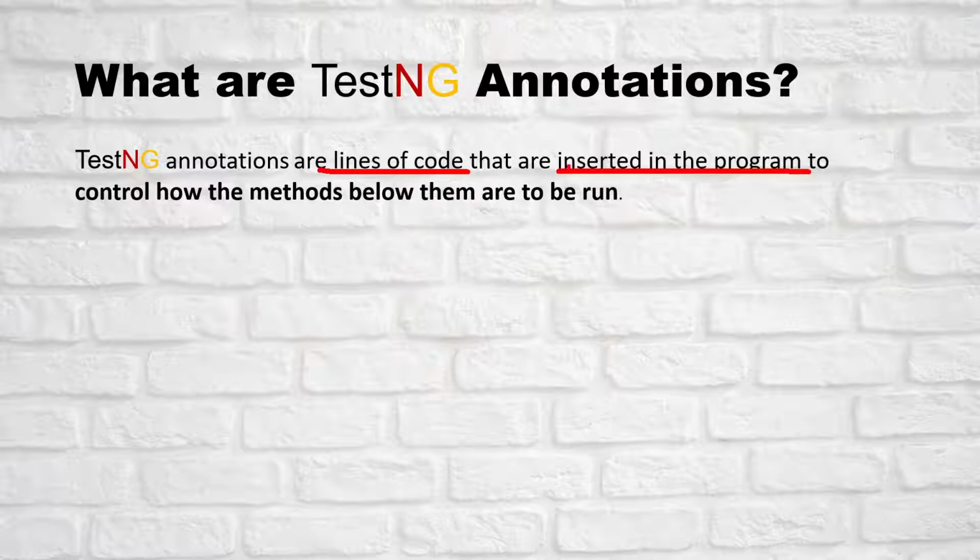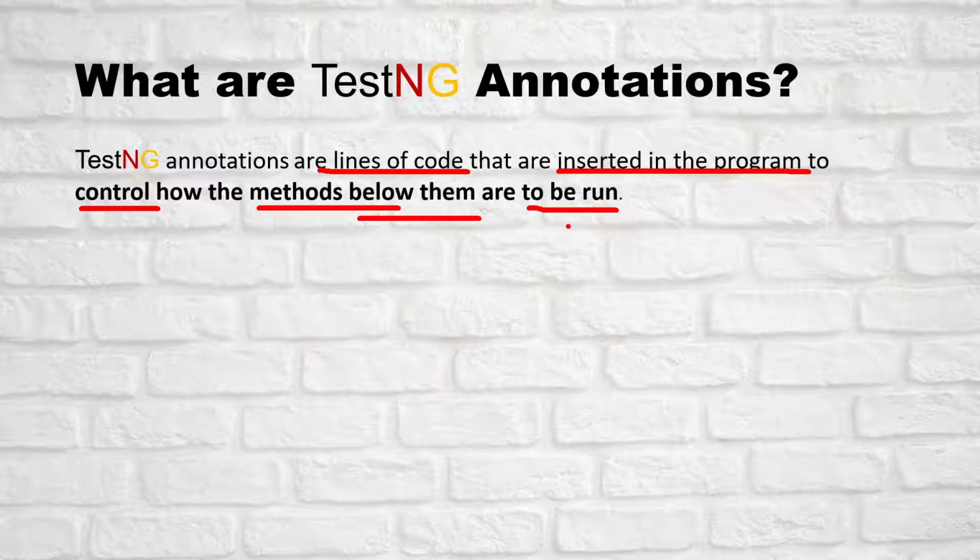This is very important: they are inserted in a program to control how the methods below them are to be run. TestNG is used to run a method, and these annotations are added on top of a method. That particular annotation controls how that method is to be run.